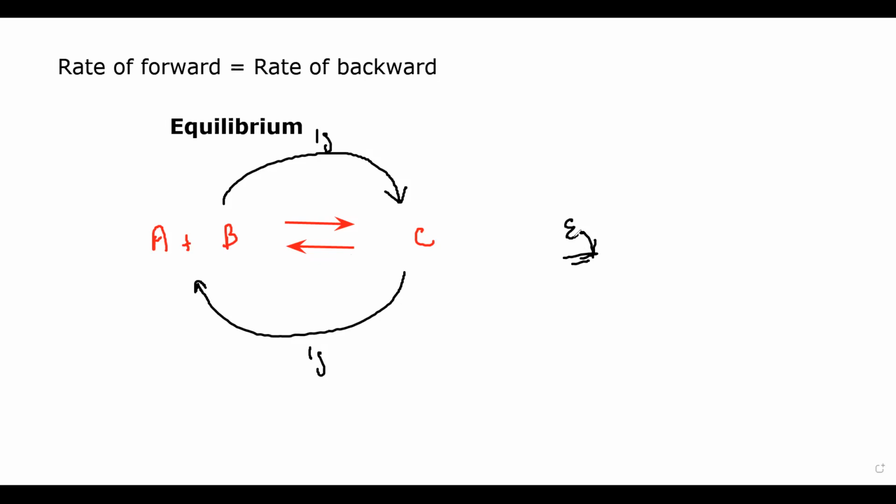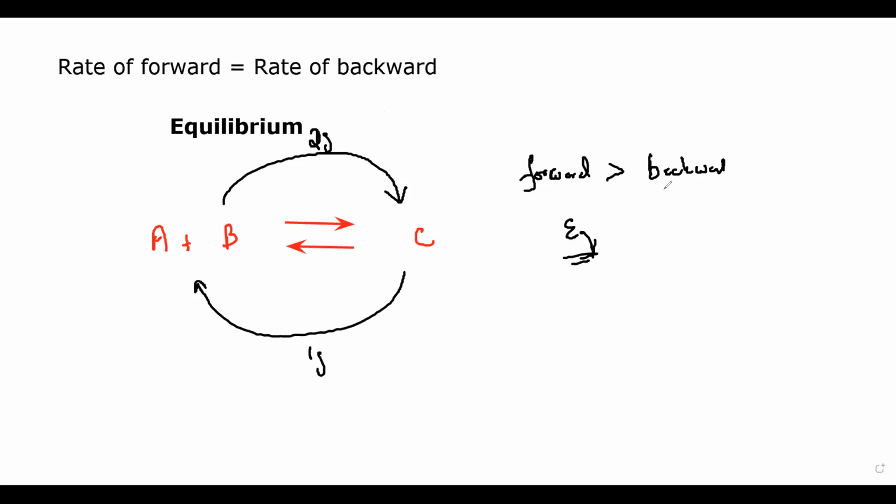But what will happen if one of the rates is faster than the other? For example, if 2 grams of A and B are forming C, but at the same time 1 gram of C decomposes, in this case the forward reaction is more than the backward reaction.